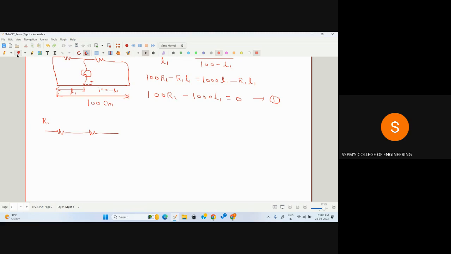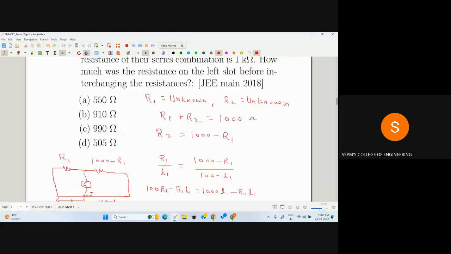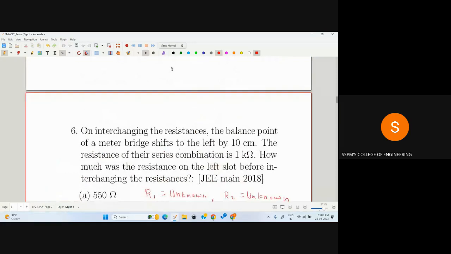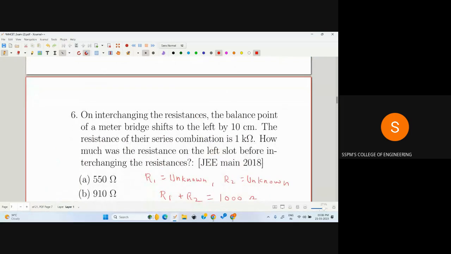And now the location is changed. When the resistances are interchanged, the balance point of the meter bridge shifts to the left hand side by 10 centimeter.